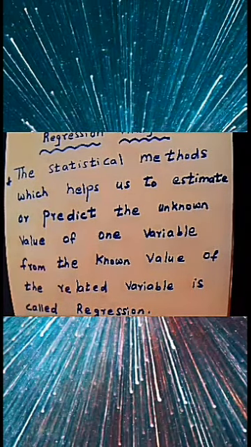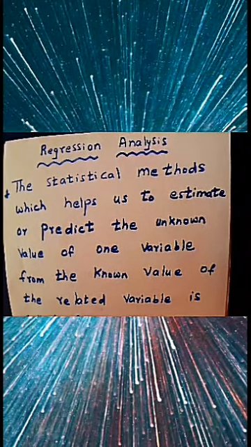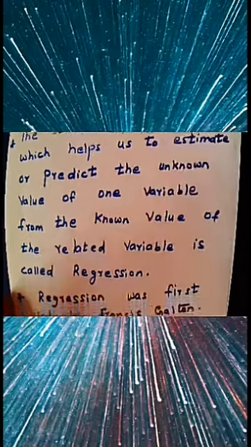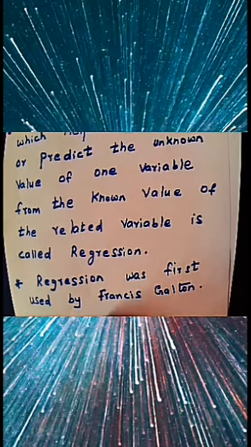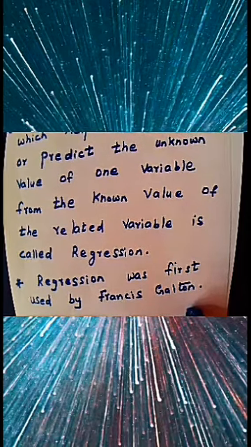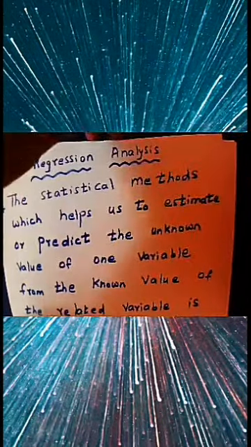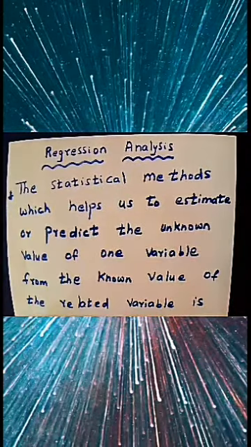But regression helps us to estimate or predict the unknown value when a known variable is given. And regression was first used by a mathematician called Francis Galton. He was the one who introduced this term regression.